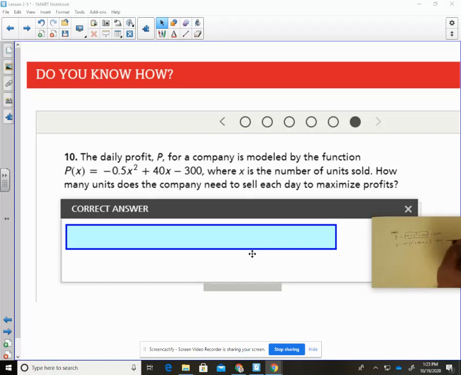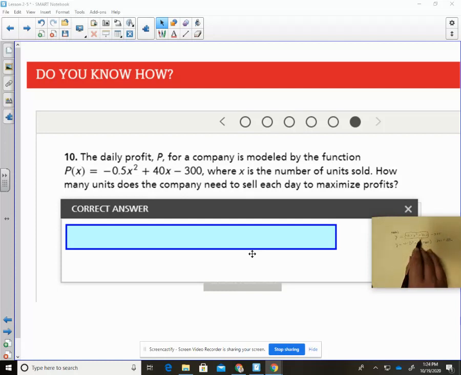Now remember, we're going to have to do something else over here. Half of 80 is 40. 40 squared is 1600. But 0.5 times that, negative 0.5, so we're actually adding negative 800 to this. So if we got a negative 800, then we have to add 800, right?